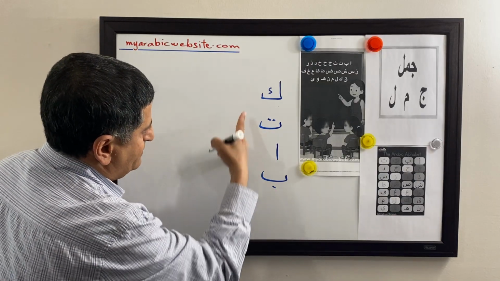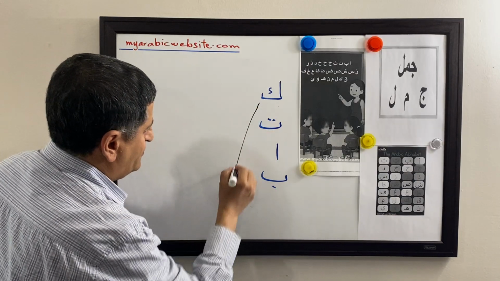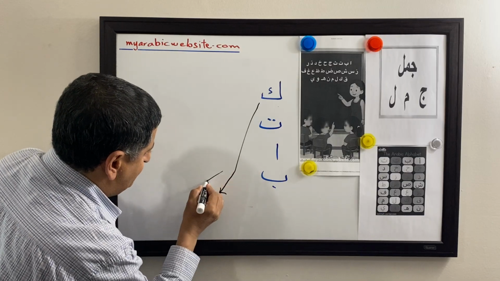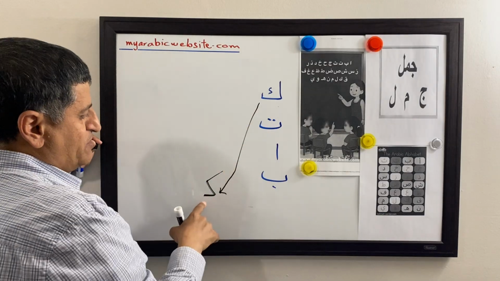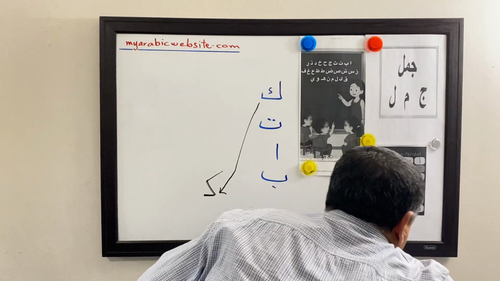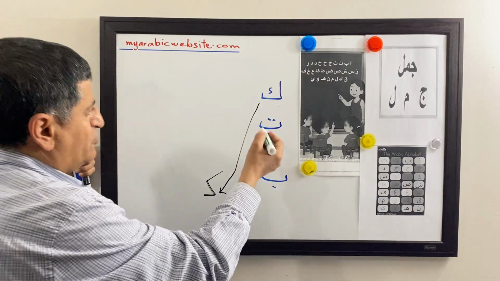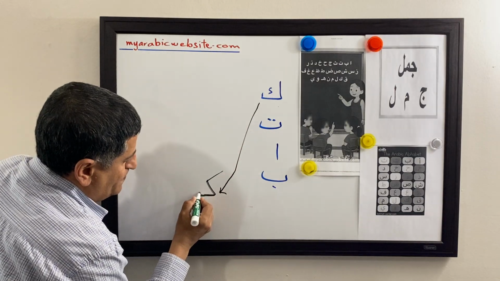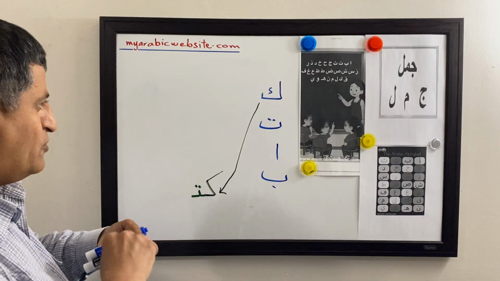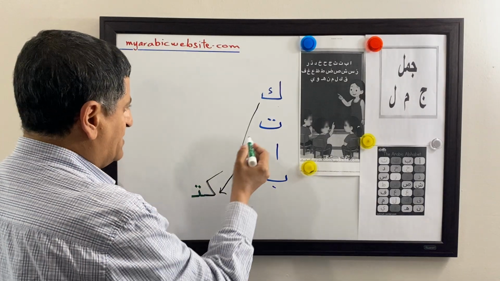Like I will write it down like this one. Kaf, the first one is gonna be this way. This is kaf, how it looks in the beginning of the word. Now the ta. Oh, I have a green one here too. Okay, I do the ta in the middle. So ta. This is the ta here.